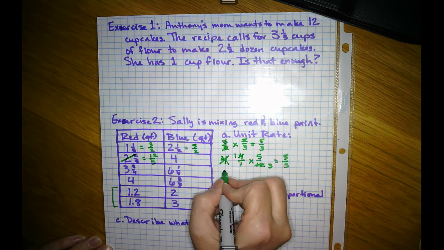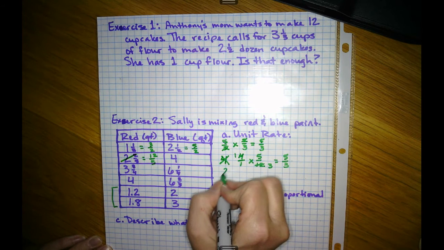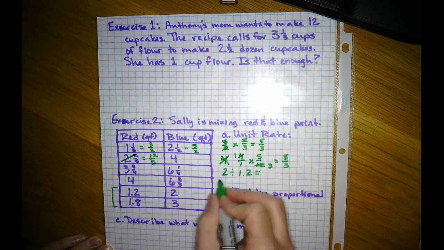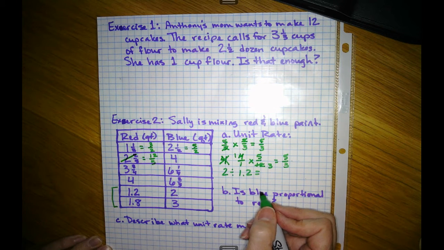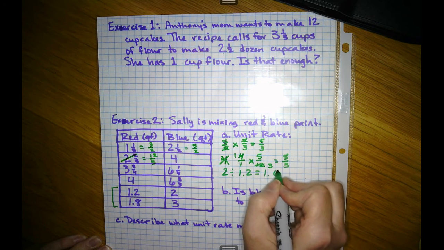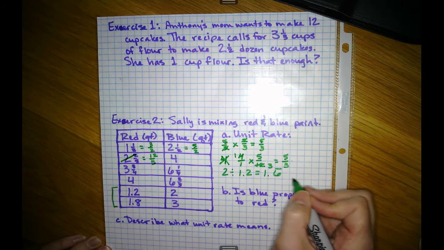So if I did 2 divided by 1.2 as a decimal, that's going to give me 1.6 repeating.